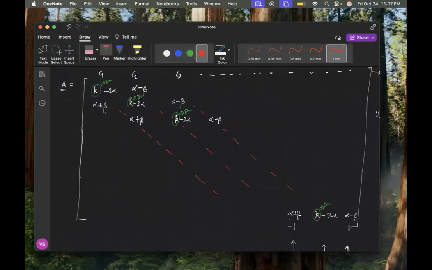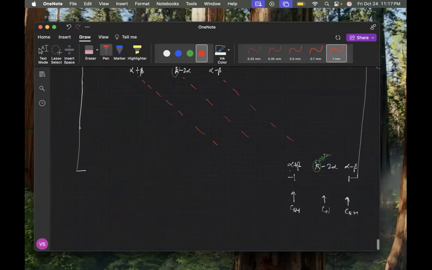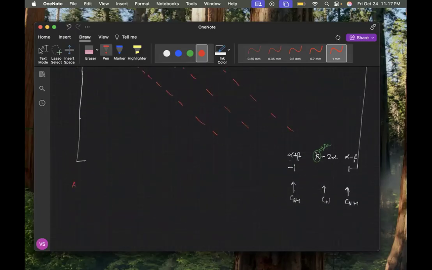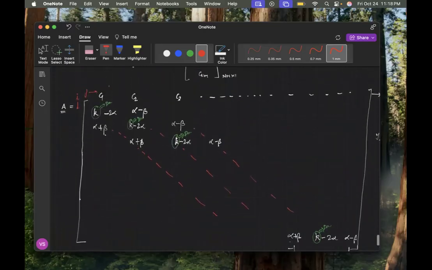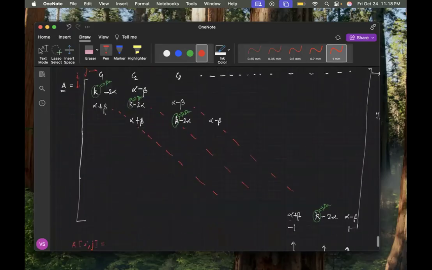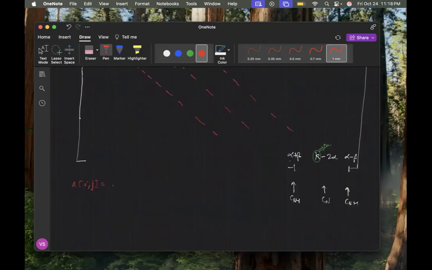So if I say that my rows are represented by I and my columns are represented by J, then A(I, J) would represent the ith row and jth column, right?